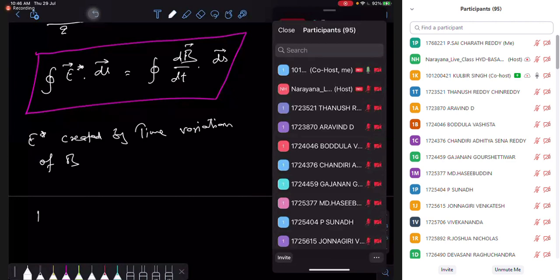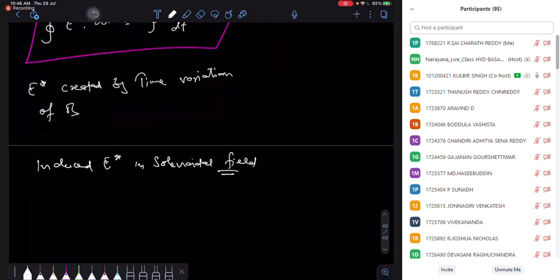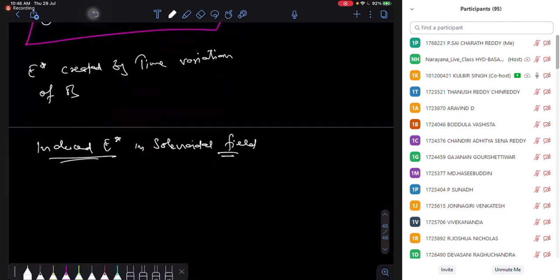So the induced electric field in a solenoid, in a solenoidal field. How do we find the induced electric field in the solenoid? We can draw the solenoid picture from the top view. The basic structure is going to be like that.